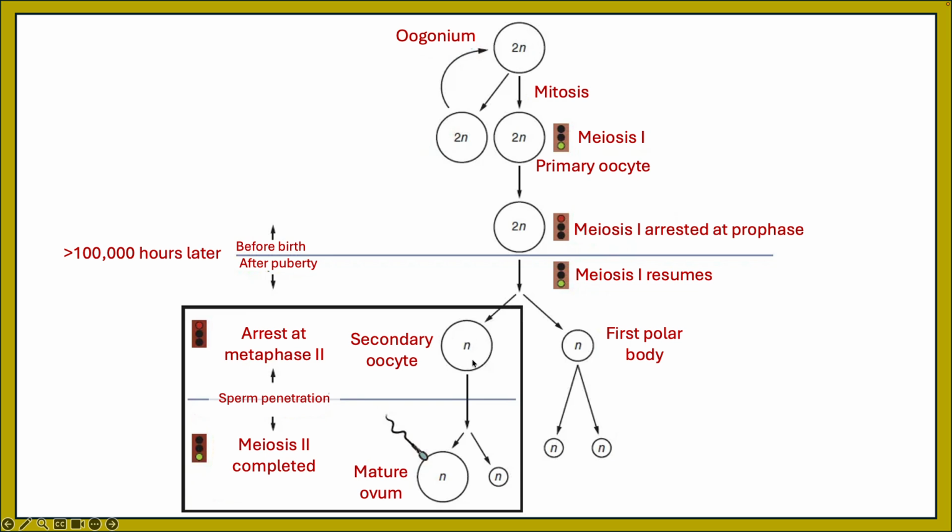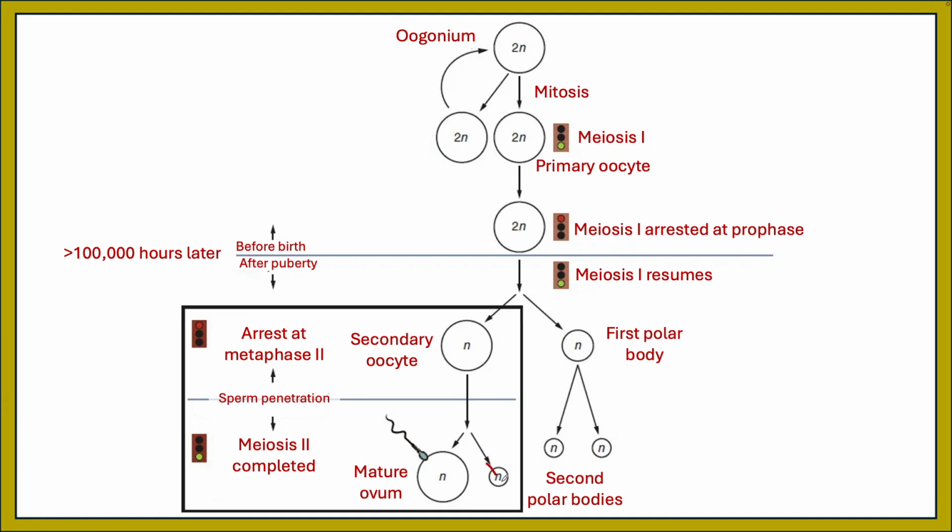Here the homologous pairs are gone, but the sister chromatids are still present. Here you don't have anything but the sister chromatids, and you have several polar bodies being produced as you go through this. With the first polar body, you may have division as well, forming the secondary polar bodies, or it may not divide at all.